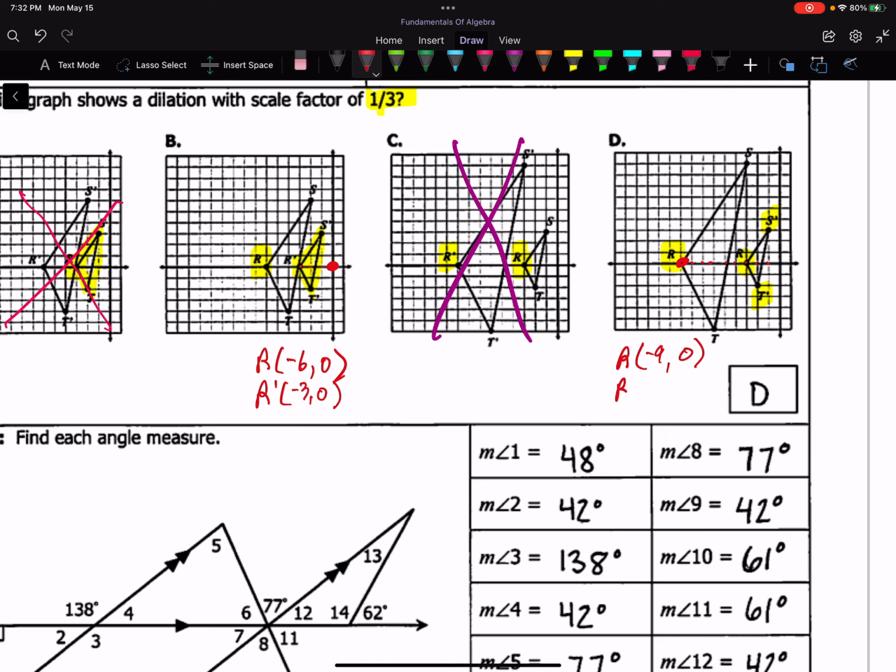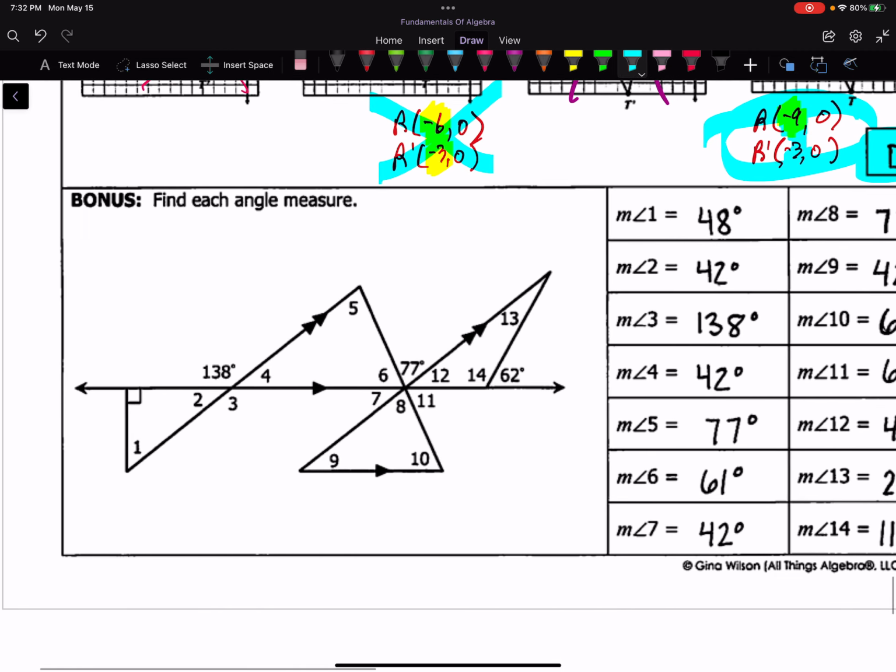And on this guy, R prime is negative 3, 0. So which one of these were multiplied by 1/3 or divided by 3? This one was not, so we can cross that guy out, and our answer has to be this guy, divided by 3. Negative 9 divided by 3 gives us 1/3.